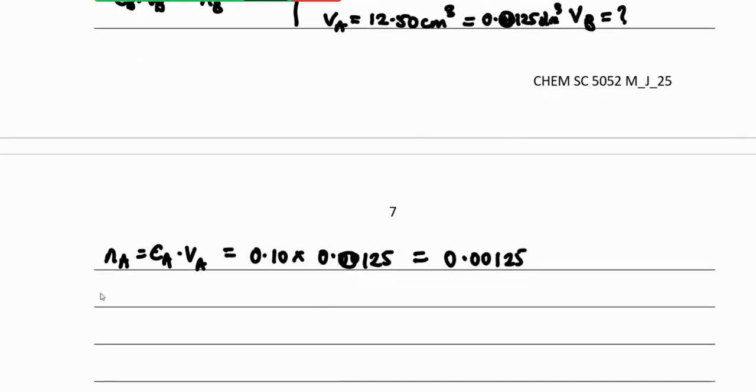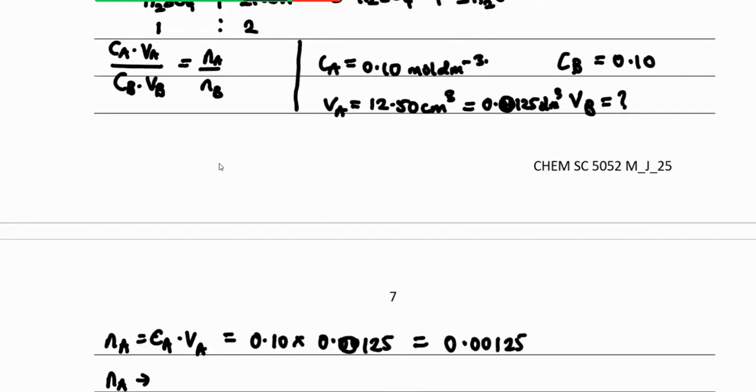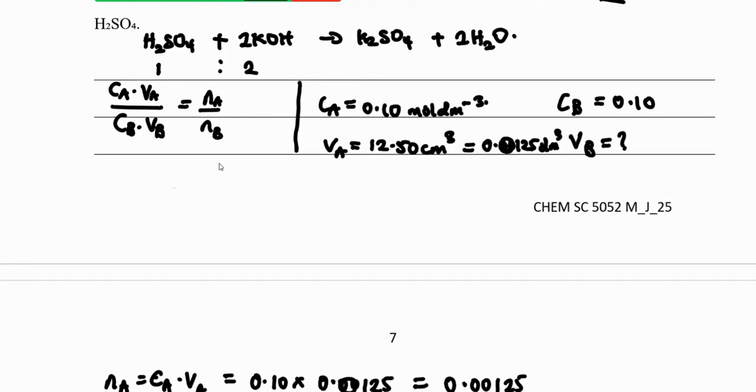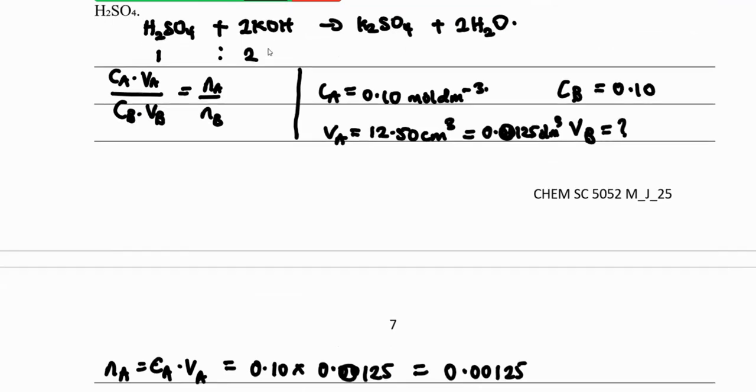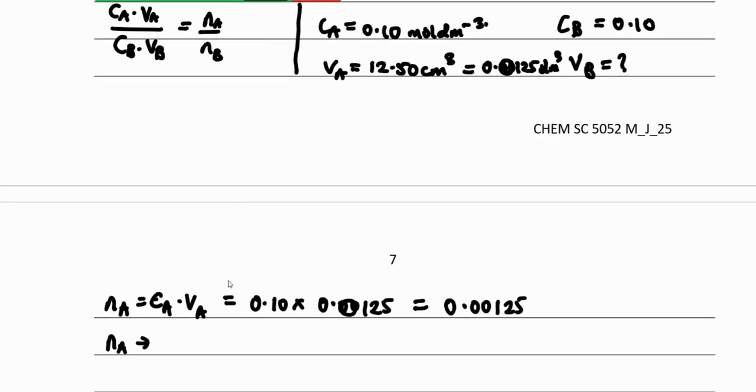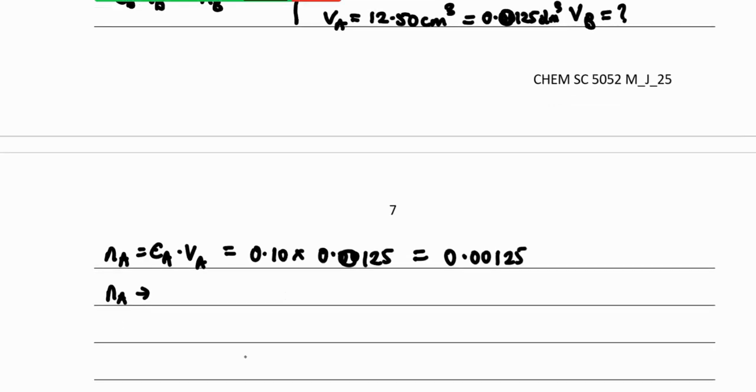Now, our number of mole for base, we can find that by relating to the balanced equation. That is why we wrote this balanced equation. Based on the equation, if 1 mole of acid gives us 2 moles of base, then 0.00125 of acid will give us how many moles of base? It's more like saying 1 gives us 2, so 0.00125 will give us how many?